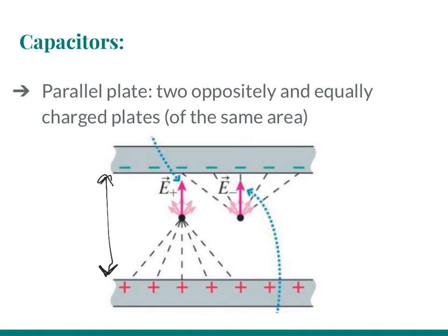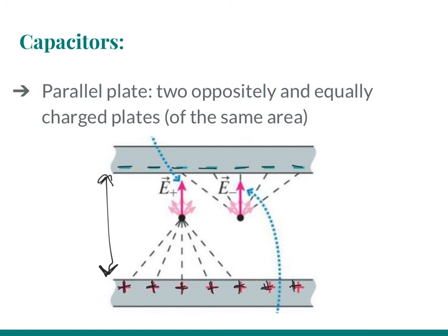So what happens in a parallel plate capacitor is that you've got a bunch of charges evenly distributed, because metal is a conductor, and they're evenly distributed on the surface. So we don't really care about the thickness of the metal, just the surface area of the metal. What happens with the electric field here is that all of the horizontal components end up canceling out due to a charge's neighbors, which is a really weird phenomenon to think about.